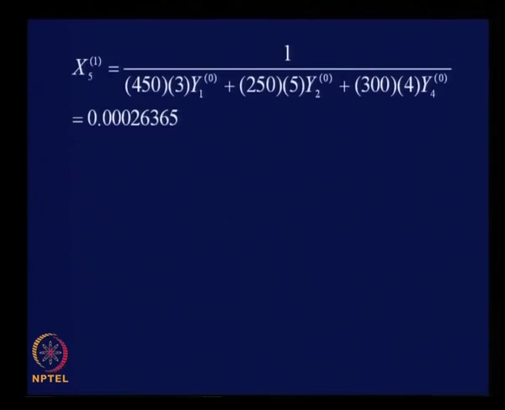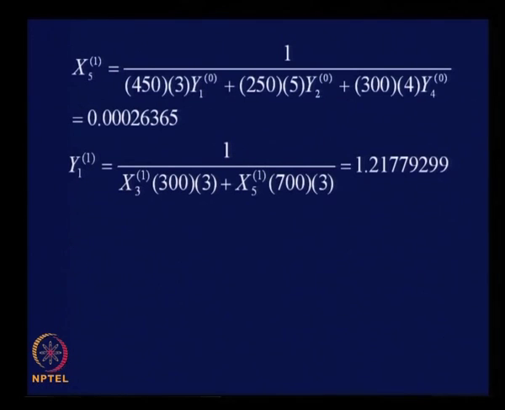On the same lines proceed with the other calculations. x5 again substituting y1 0, y2 0 and y4 0, you get x5 value to be 0.00026365. Then y11 will be 1 by x31.